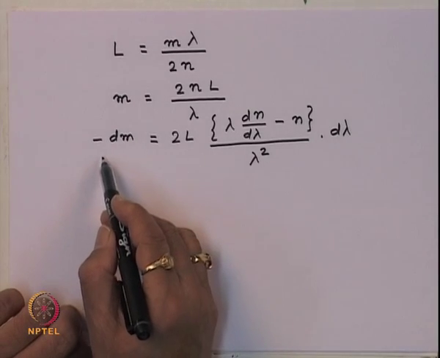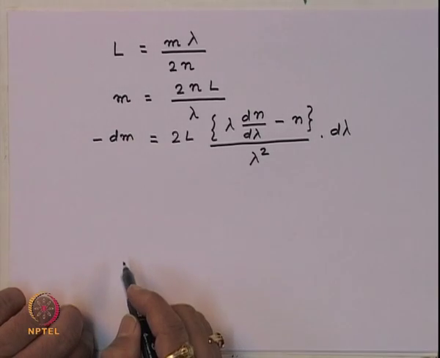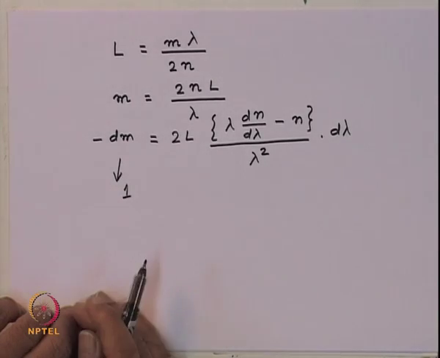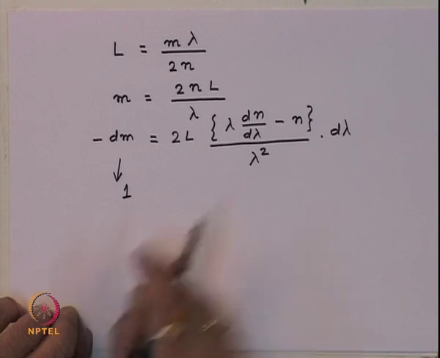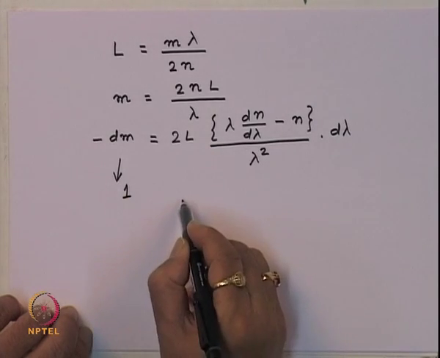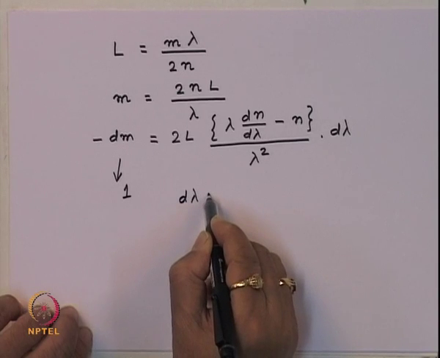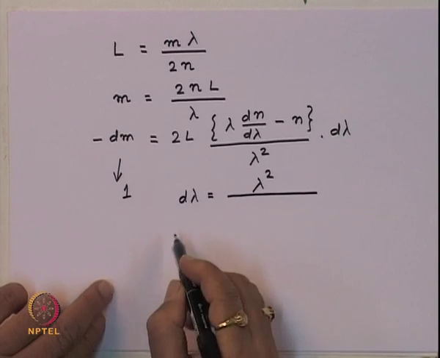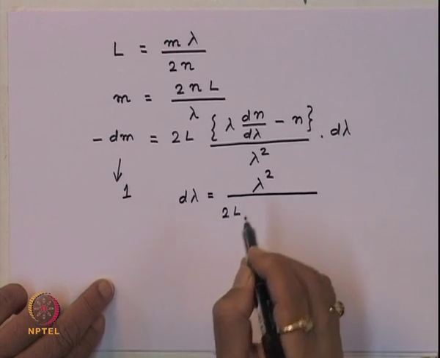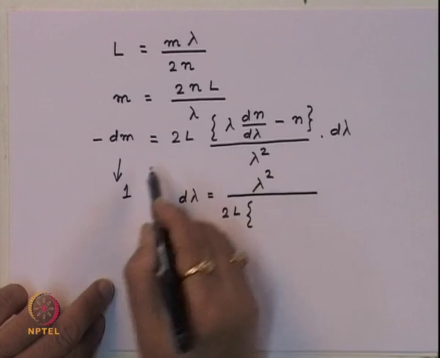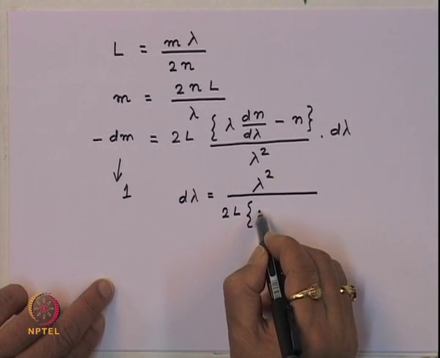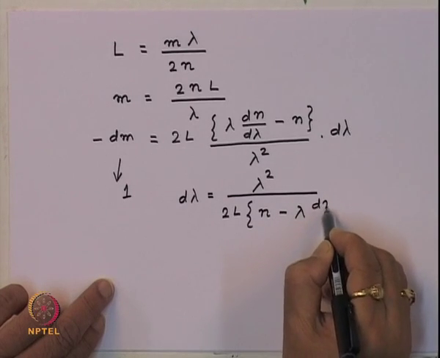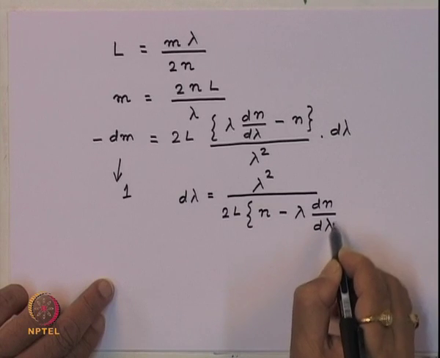Again for the adjacent mode, this quantity dm is equal to 1. So, we put it equal to 1 for the adjacent modes, and then inverting the relation, one can get d lambda which is equal to lambda square divided by 2L, into n minus lambda dn by d lambda, with this negative sign here.